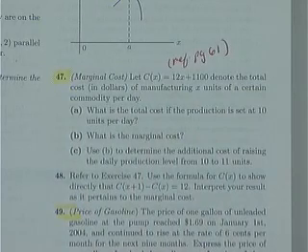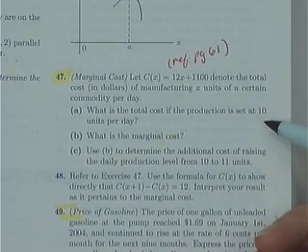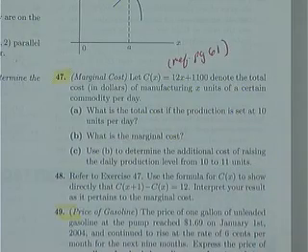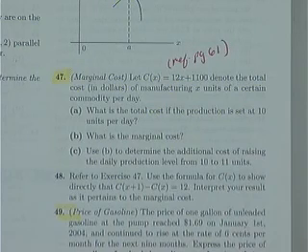So x is number of units, C is the cost, and this is going to be each day. And we're going to look for what is the total cost when we do 10 units per day, what is marginal cost, how do we use B and A to come up with C at 11. All right, everybody got your book looking at it? All right. So I'm going to move it over to the side.